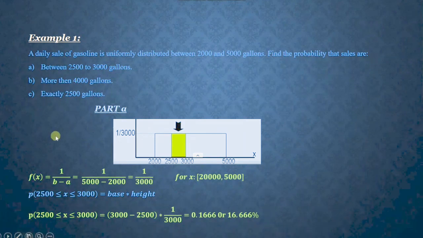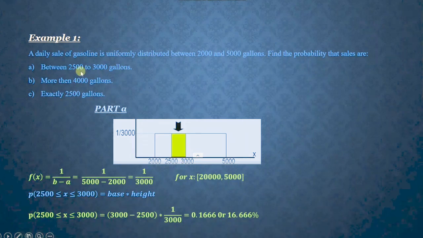For this example, the value of the density function always remains the same for all three parts, because there will be no variation in the y-axis value. The value on the y-axis is always consistent, but the values on the x-axis are varying.